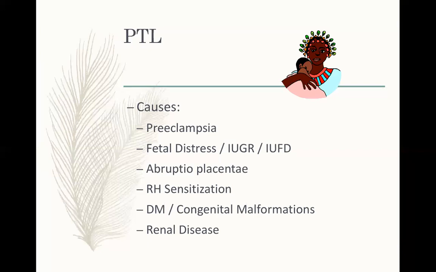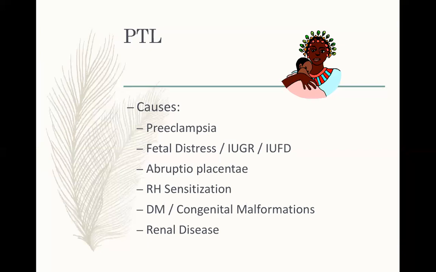For preterm labor, the only definite cause is infection. We know that infection causes preterm labor. So we always treat a preterm labor patient with antibiotics, because we know that the body is trying to sustain, and it cannot sustain both mom's life and baby's life.